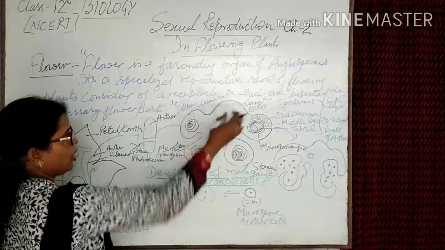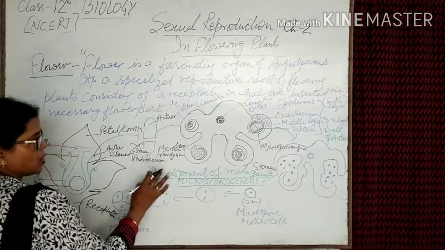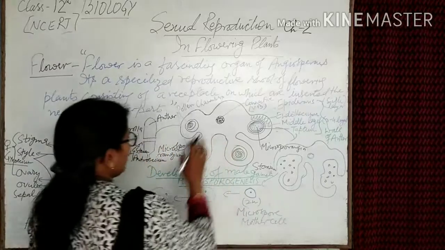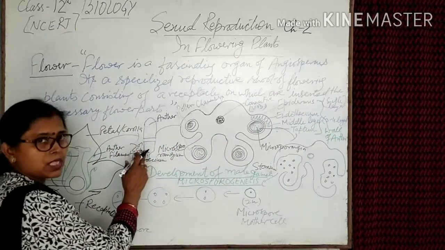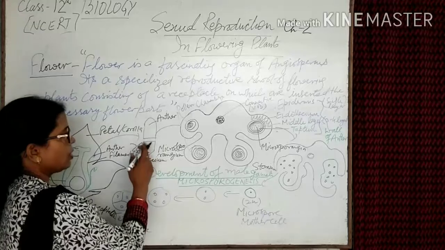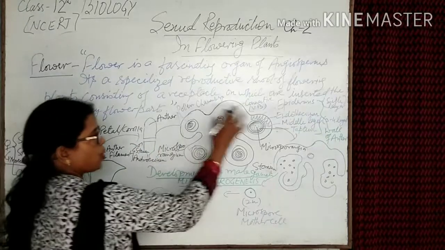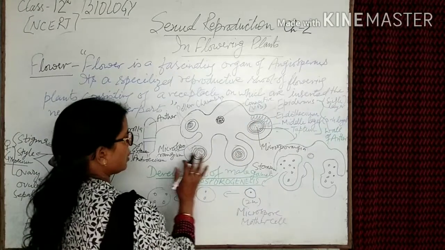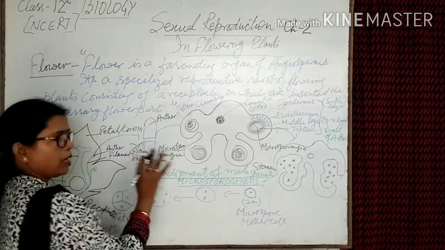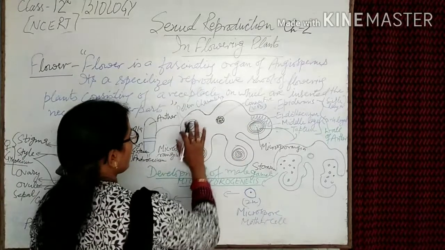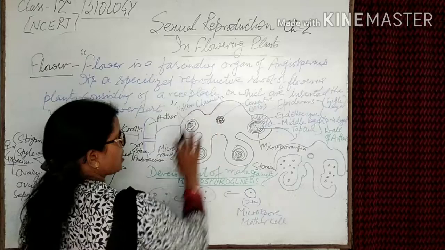The outer wall of the anther is known as the microsporangium. If we cut a transverse section of the anther, after cutting, it is a four-chambered structure containing the pollen grains. Inside the pollen sac is the four-chambered structure, and the four chambers are also known as pollen chambers.